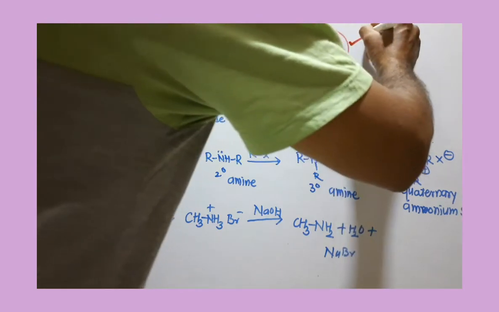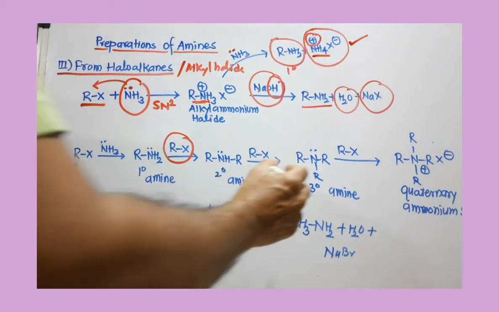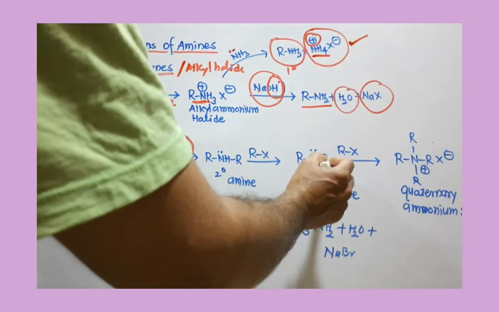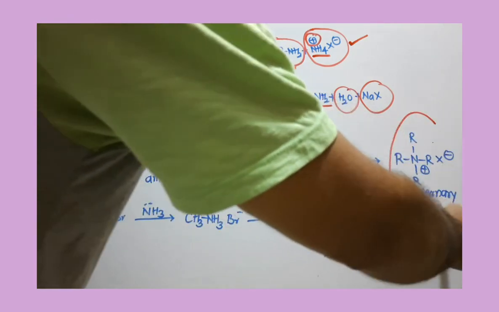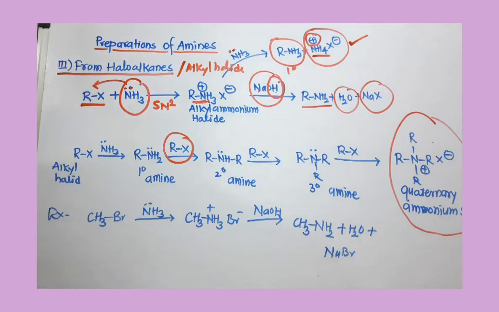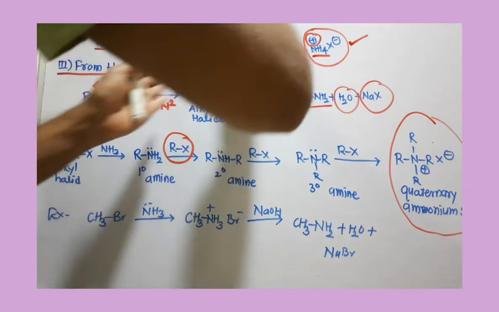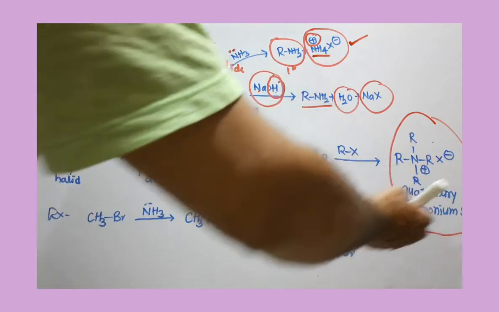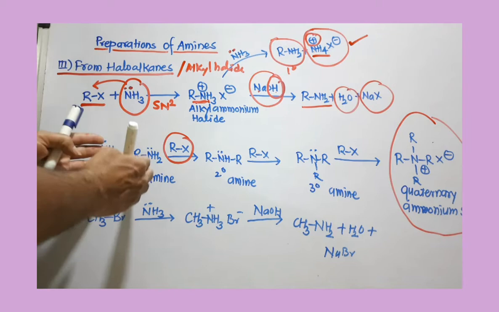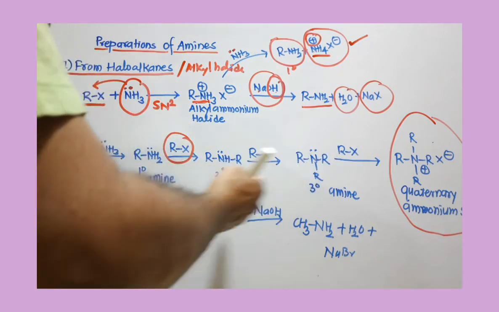Now the tertiary amine again acts as a nucleophile and reacts with alkyl halide, and it is converted to the quaternary ammonium salt, which is not an amine. So in this way the alkyl halide is converted to the quaternary ammonium salt, and it is very difficult to stop the reaction in between.